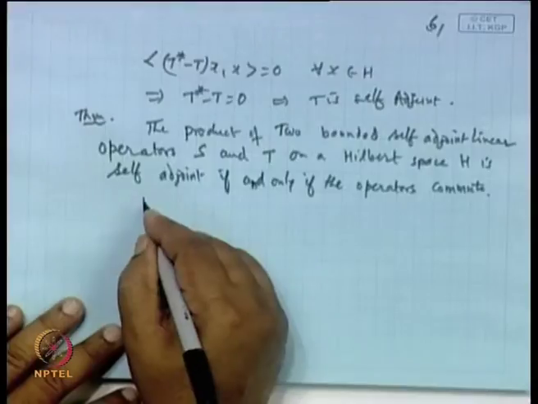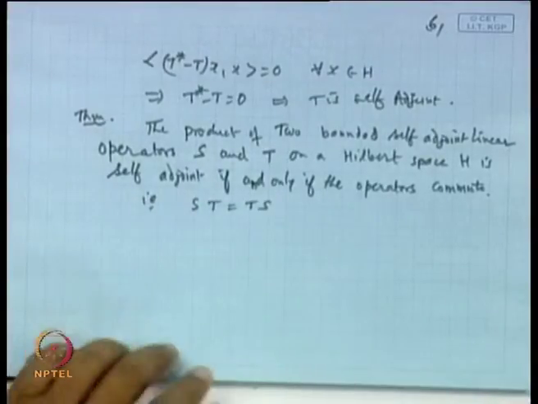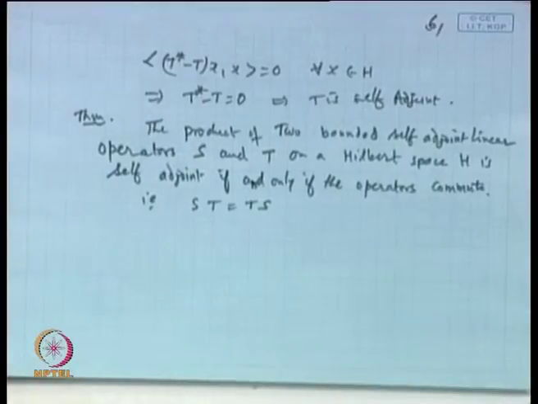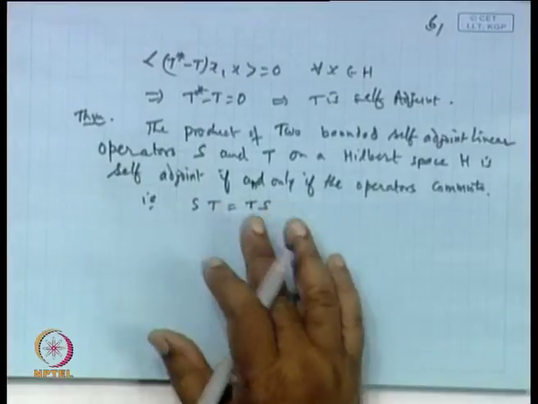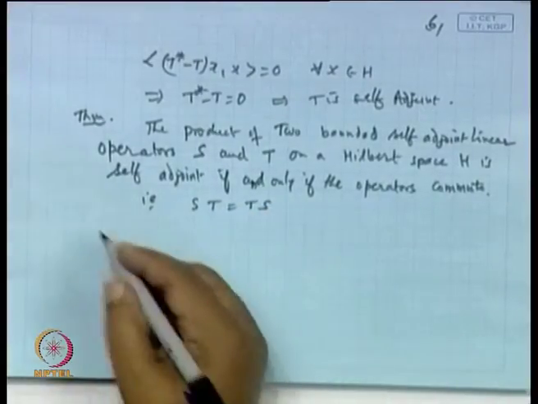That is, if ST equals TS, then the product ST will be self-adjoint, and vice versa, if the product ST is self-adjoint, then S and T will commute. Okay.